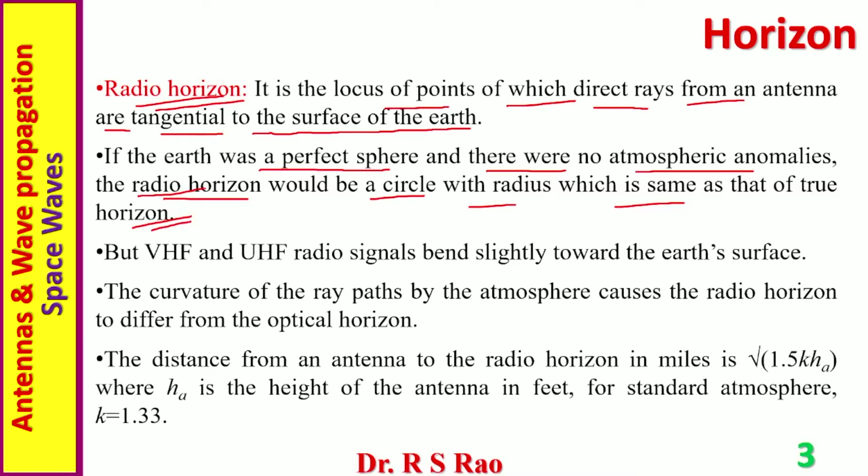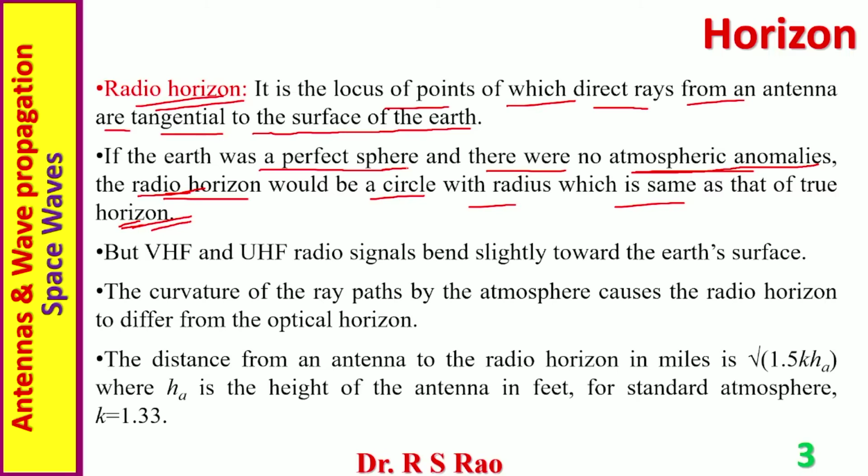So radio horizon is a true horizon when there are no atmospheric anomalies and if the earth was a perfect sphere, means trees, buildings, etc.